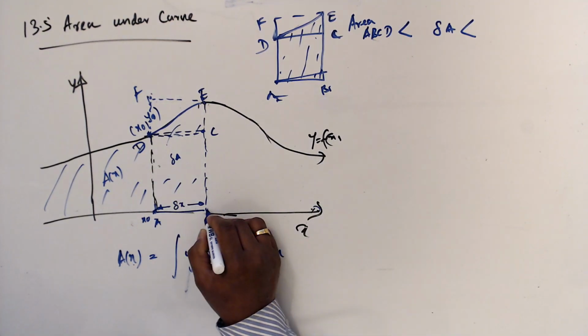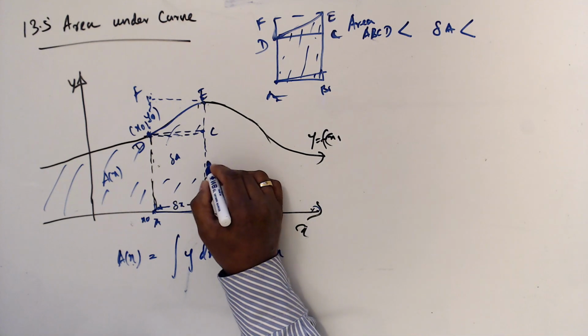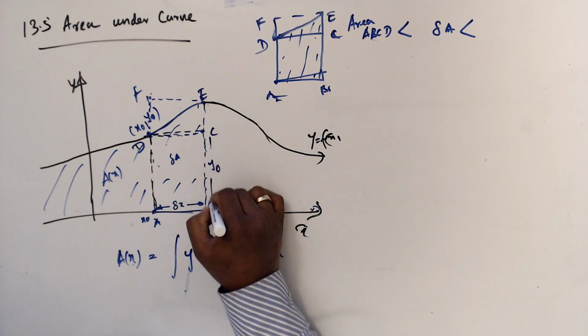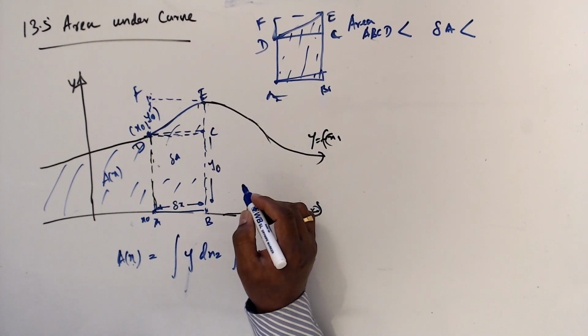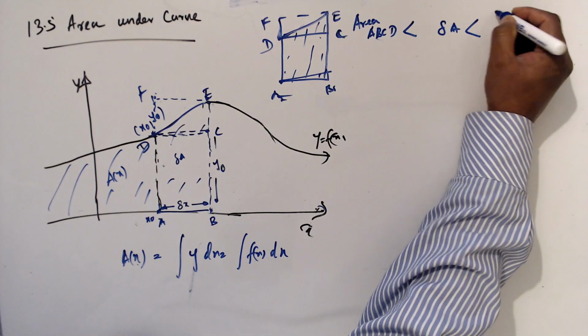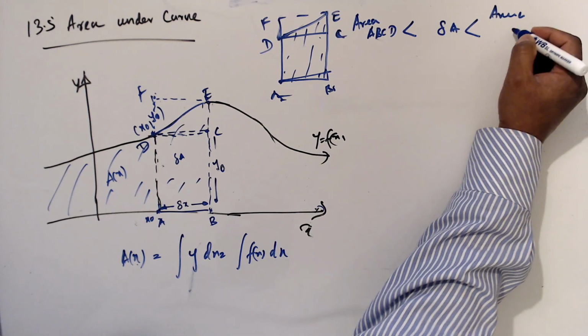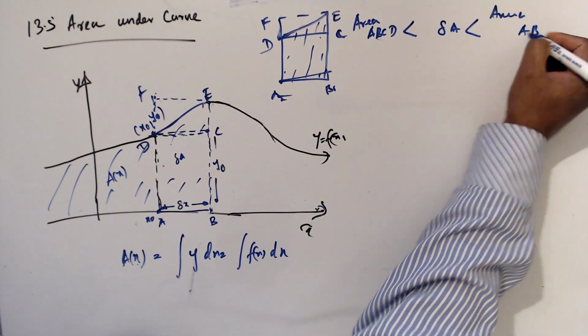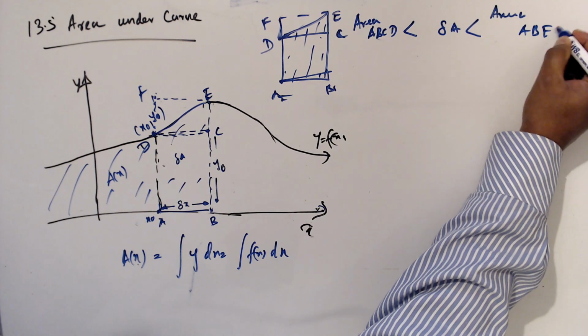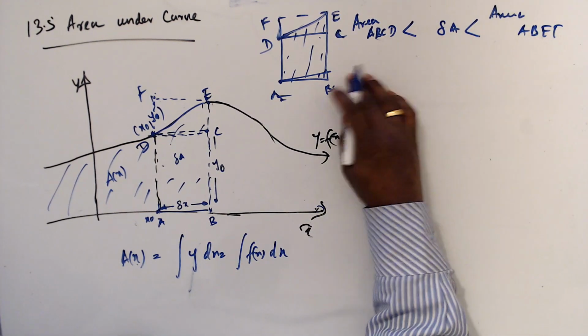This is delta x. This distance is y naught. Okay, I will write first of all the area of A, B, E, F. This is an inequality with the areas.